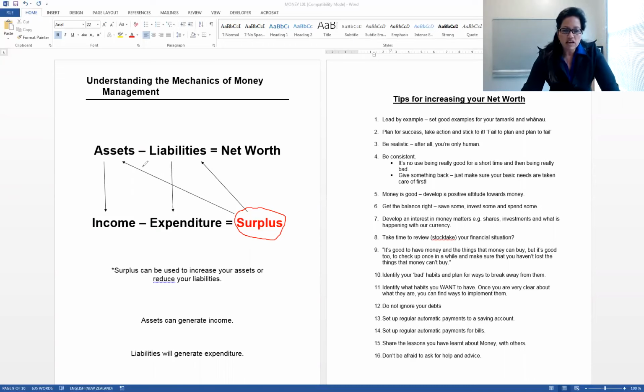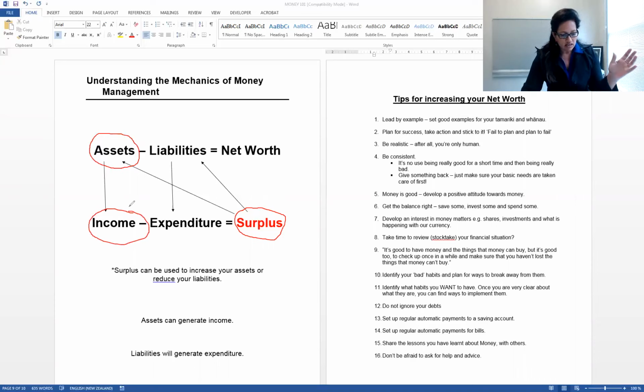Also, given that Hariata knows she's got these types of assets, she's got shares, a car, a house, a KiwiSaver fund, savings, she's looking at those now going, okay, assets, I want my assets to create more income for me.